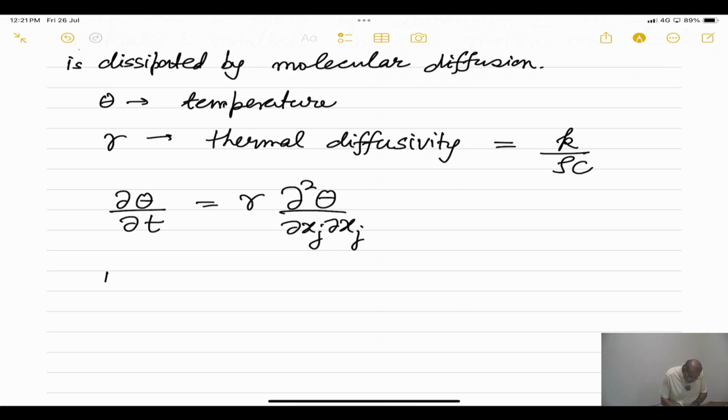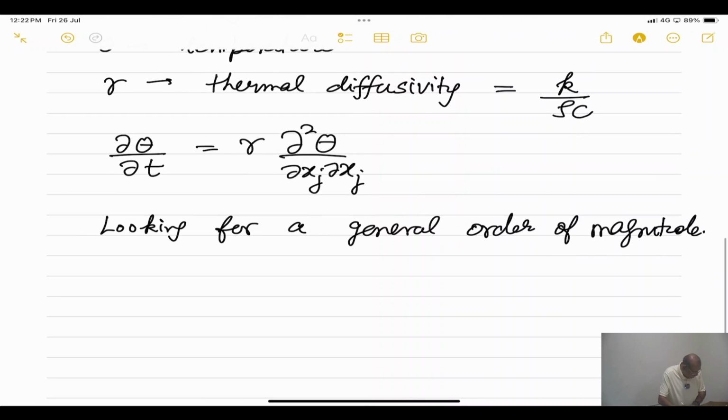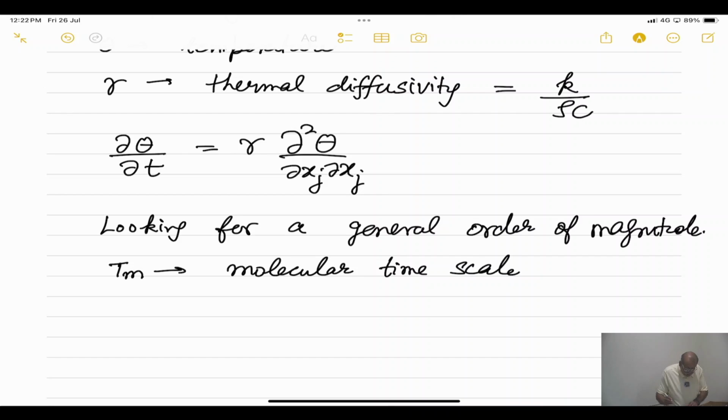Now, what we are doing, and this is what I want you to appreciate, is looking for a general order of magnitude. Let Tm be the molecular time scale.